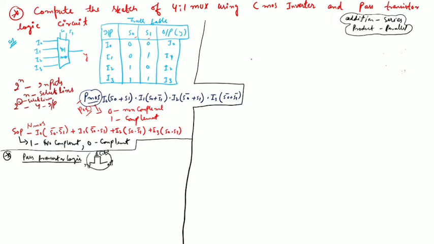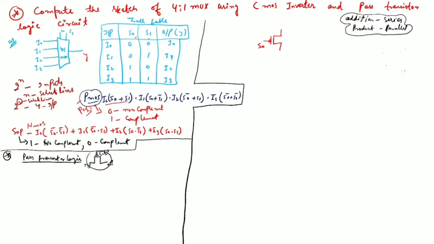So first, one by one, we will represent. First for this, I1 is making the product for both these S0 and S1 for the product of sum equation. So here we will first represent the PMOS. This bubble represents the PMOS. So S0, this will be the S0.